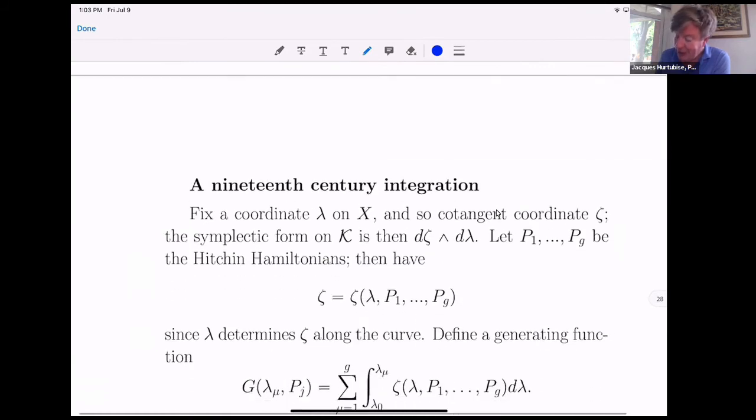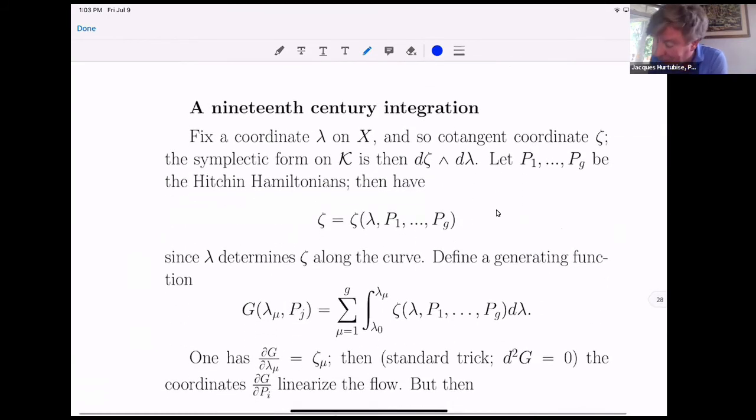So with this, you can do a 19th century integration of your system. You take a coordinate, let's call it lambda again. So here's x. You're taking the associated cotangent coordinates zeta, and so your symplectic form is d zeta wedge d lambda.